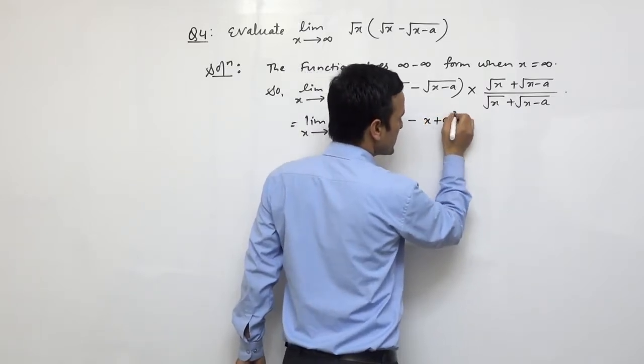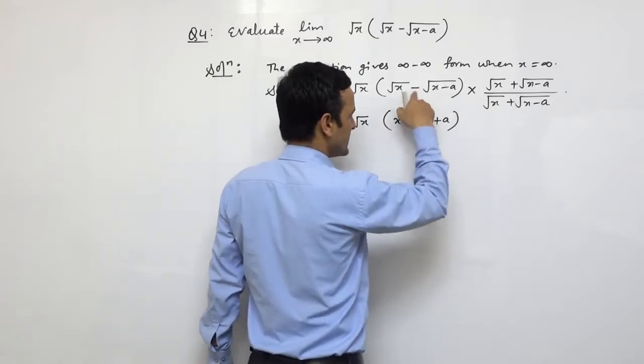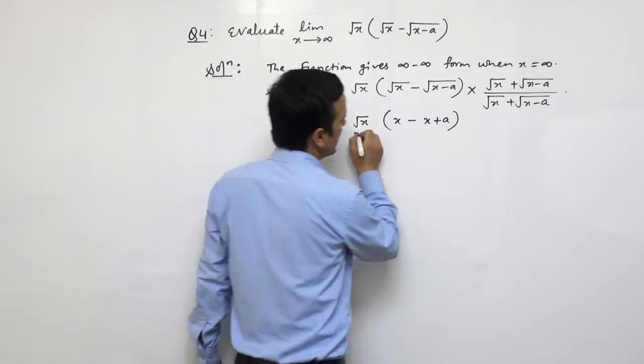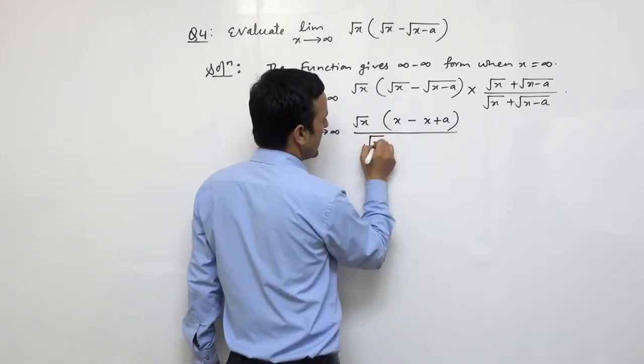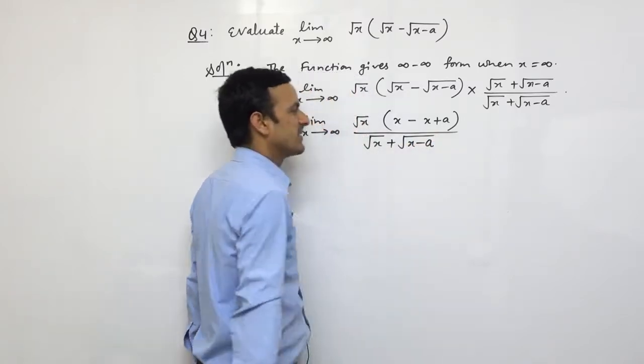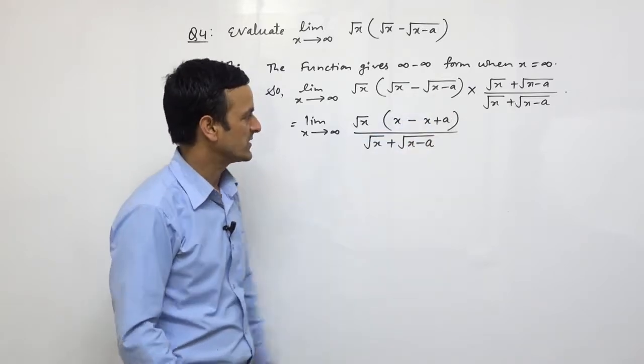Minus becomes plus, because here is minus and in the middle we have minus sign, so the sign will be changed. And in the denominator we have root x plus root under x minus a. So this is the next step after solving this one.